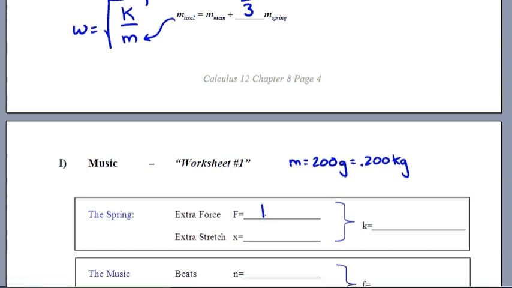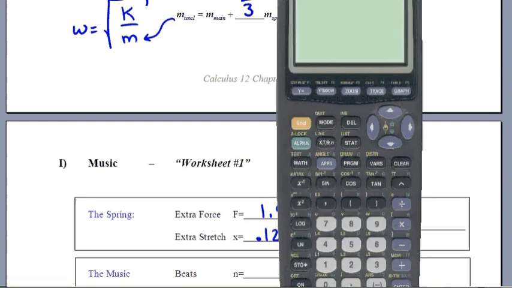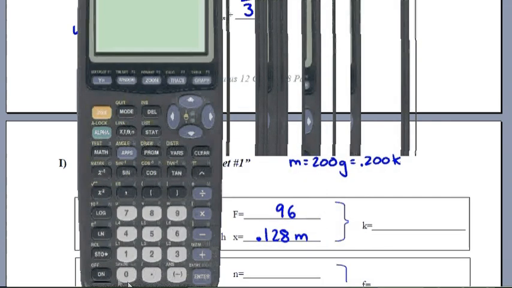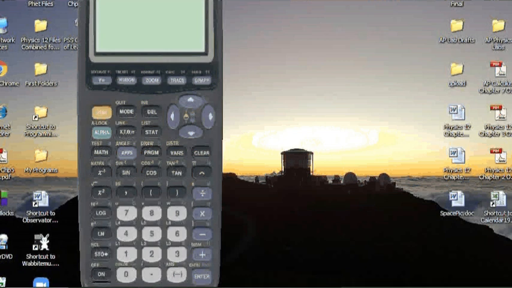So when I added 1.96 newtons of weight, this spring stretched by almost 13 centimeters. I think it was actually about 12.8 centimeters, or 0.128 meters. I think that's what the number was. I'm just going to try a quick division here.